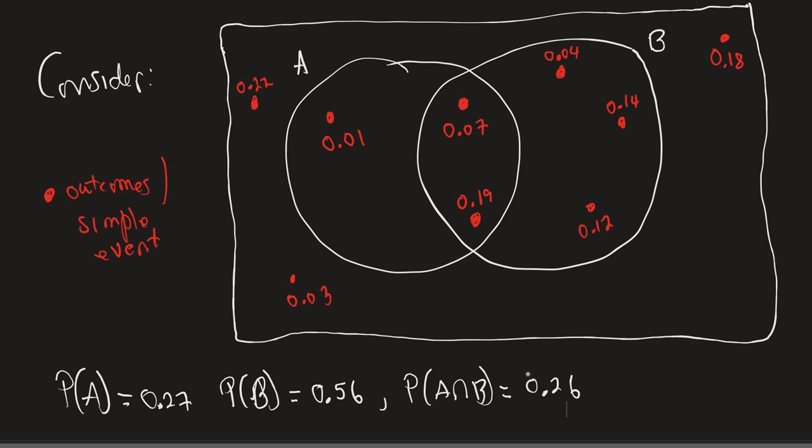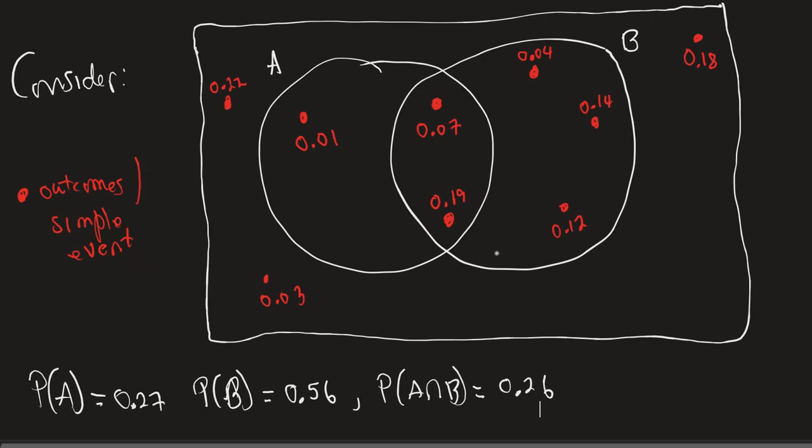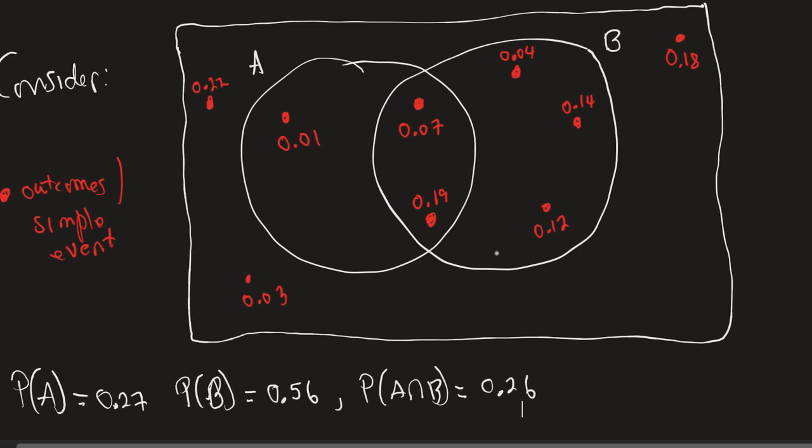So now here's the question. Suppose we know that B has occurred. In fact, let me scoot this over a little bit more. If B has occurred, how does that change the likelihood that A will occur?